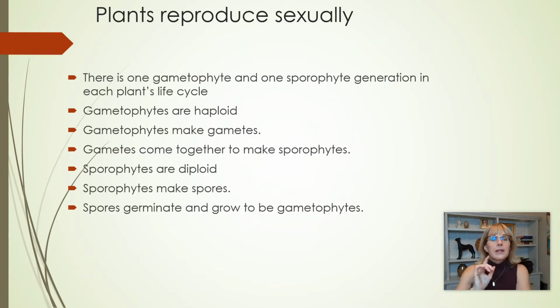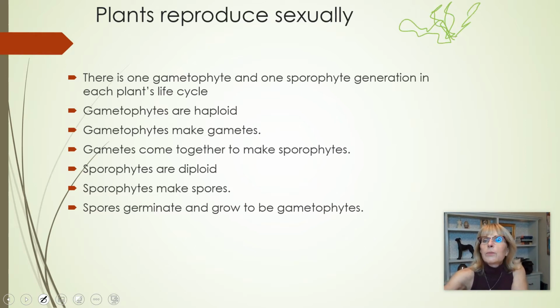In every plant's life cycle, there's going to be a gametophyte generation and a sporophyte generation. Remember that the plant that decides it wants to have a family, do plants do that? I'm not sure.